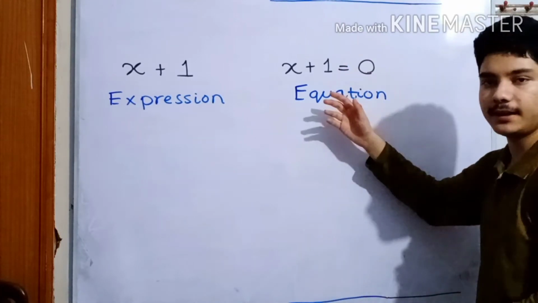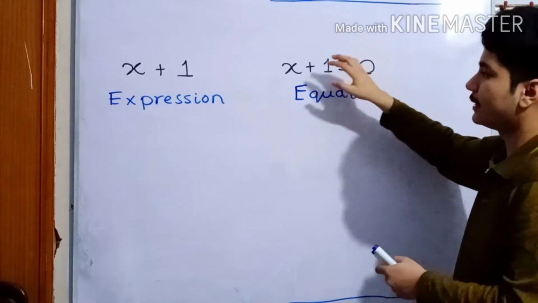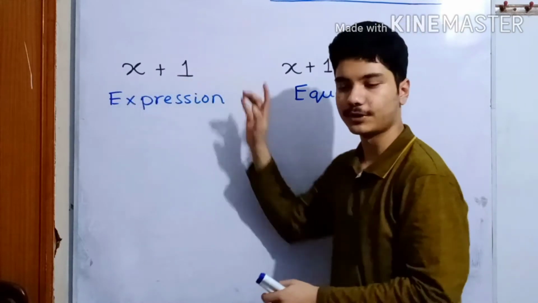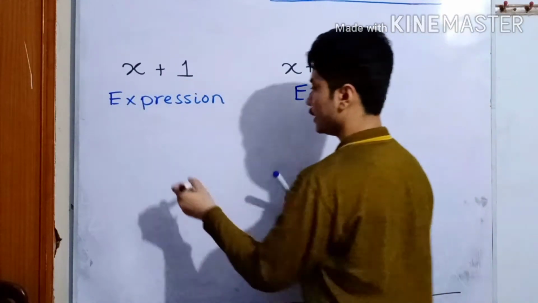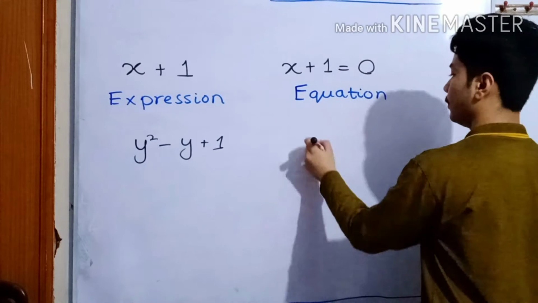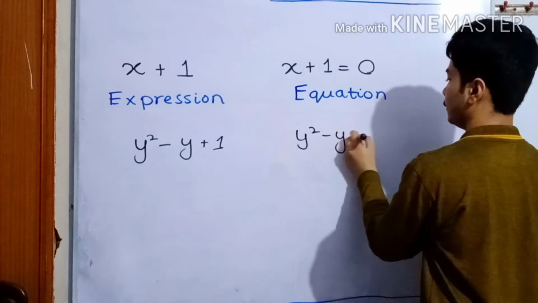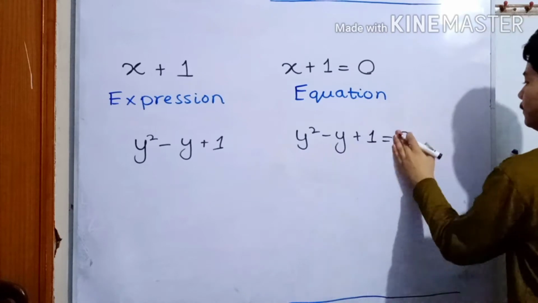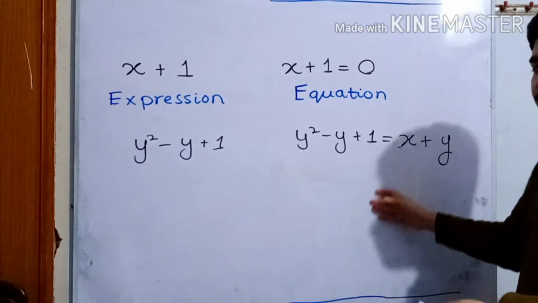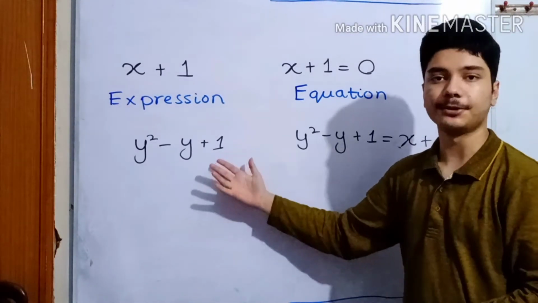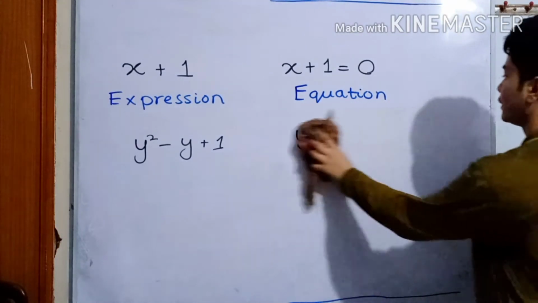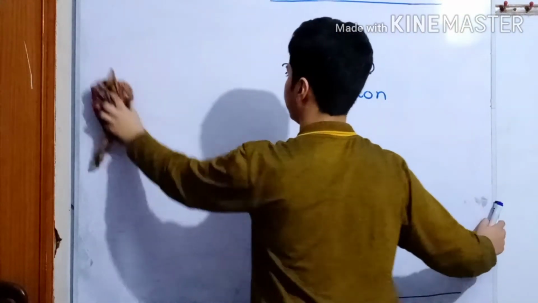An equation has an equals to sign, and an expression does not contain one. An expression may be y square minus y plus 1, and an equation may be like this, equal to 0, or instead of 0 you can write x, any kind of variable. This is an expression because it doesn't contain an equals to sign, and this is an equation because it does. Alright, so let's discuss the types of equation, because usually we use equations, not expressions.